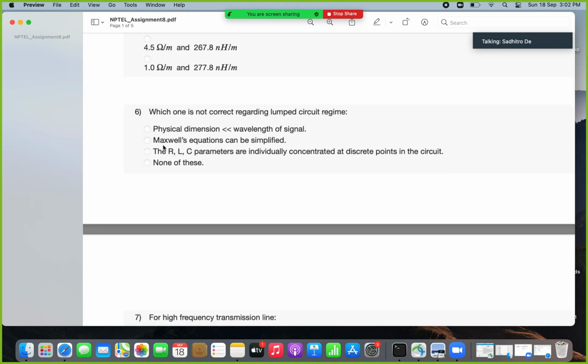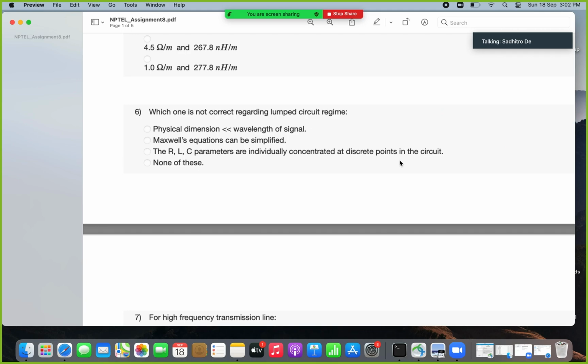Okay, the second one is also correct. Maxwell's equations can be written in terms of simplified quantities when the physical dimension is much less than the wavelength of the signal. So Maxwell's equations can be simplified. And lastly, what is said over here is that the RLC parameters are individually concentrated at discrete points in the circuit. So this is also true, right?